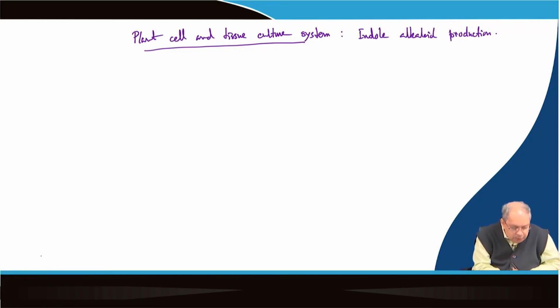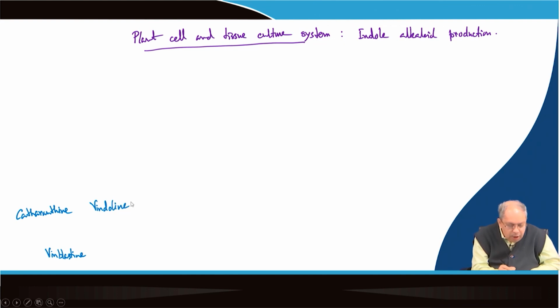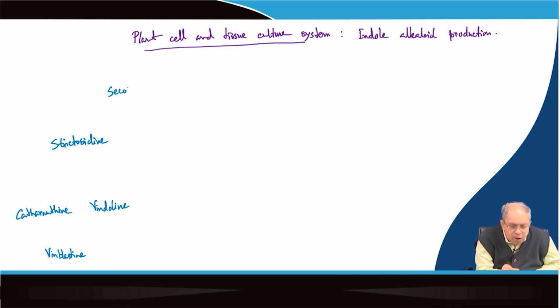That means, what I said, that the ultimate target is basically to find vinblastine or vincristine from catharanthine and vindolin, and that eventually comes from strictosidine, which is basically coming from secologanin and tryptamine.